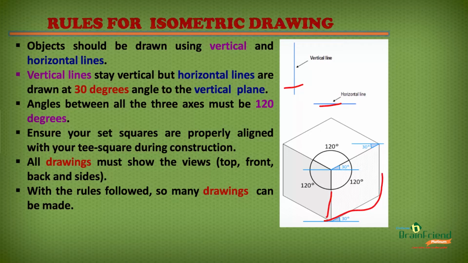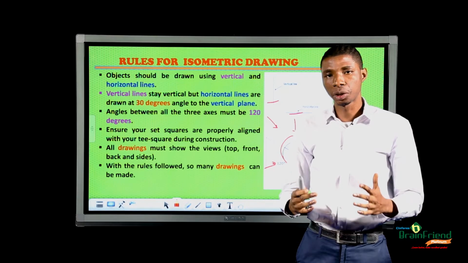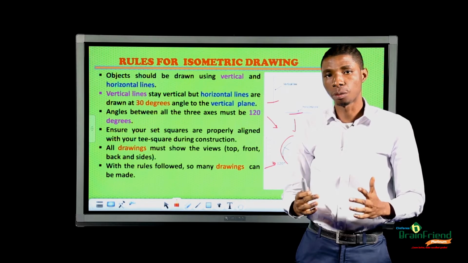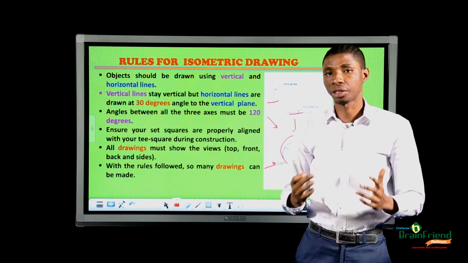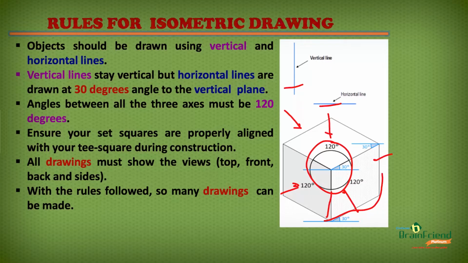Angles between all the 3 axes must be 120 degrees. Another rule is this: ensure your set squares are properly aligned with your ruler. And the last rule, all drawings must show the top, the front view, the side views, and the back view. With these rules followed, isometric drawing can be done properly. Now let's look at some illustrations for us to have a better understanding of how isometric drawing can be done properly.